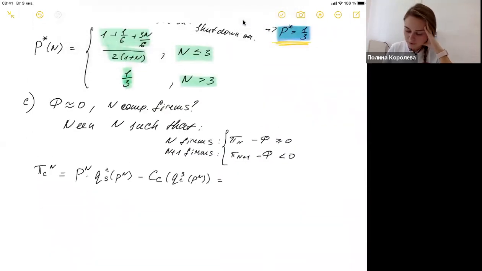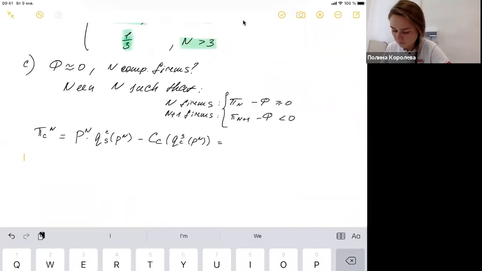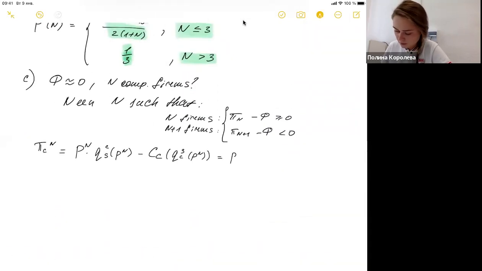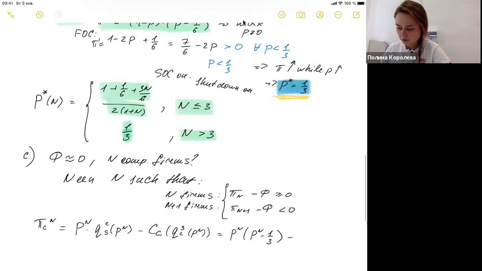So this will be price multiplied by price minus 1/3, minus the costs of each competitive firm.